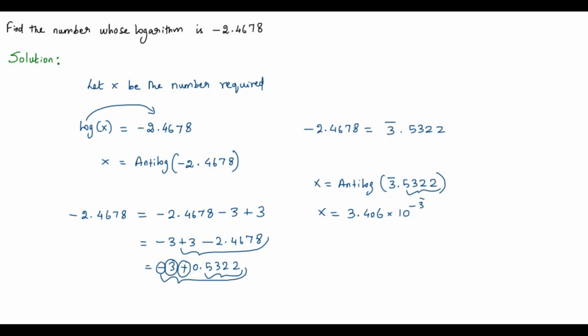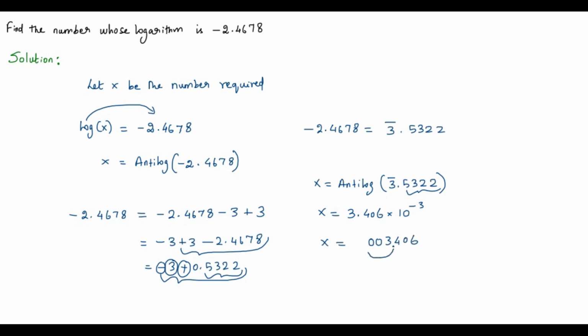Okay, now 10 power minus 3 is nothing but dividing by 1000. So whenever we multiply a number by 10 power minus 3, that is, we divide a number by 1000, the decimal has to be moved to the left side 3 digits. But here we have only 1 digit, we need 2 more digits. For that I am adding 2 zeros. So we have decimal here.